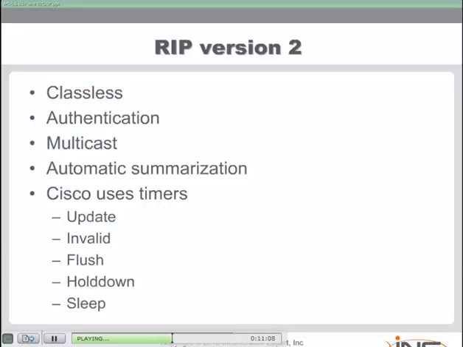It stands alone in the IGPs in that it is the only one we consider a hybrid. No, we're not talking about a car that's really, really good on gas. We're talking about a routing protocol that takes the very best features of distance vector technologies and then takes the very best features of link state technologies and puts those all together in a very robust, very fast converging protocol.